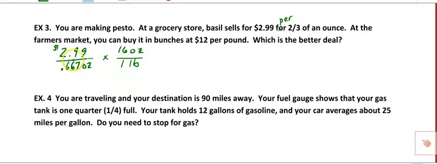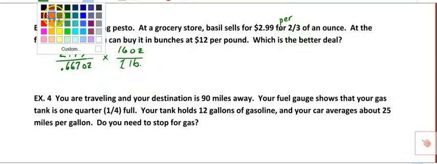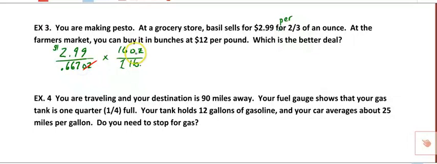So $2.99 per 0.667 ounces. And I'm going to change ounces to pounds very easily by using the conversion factor that there's 16 ounces in 1 pound. Why would I choose to put the 16 ounces on the top and the 1 pound on the bottom? Because I'd like to cancel out ounces and have my answer in dollars per pound so I can compare it with this.